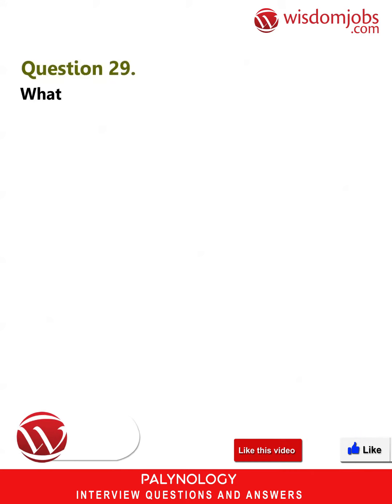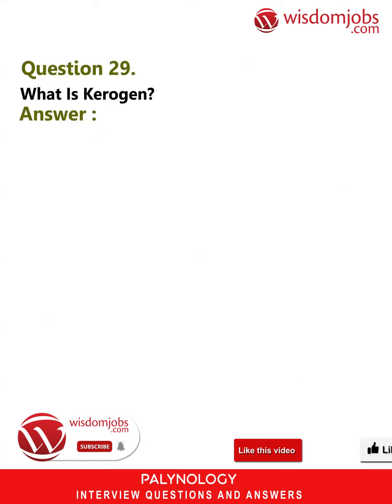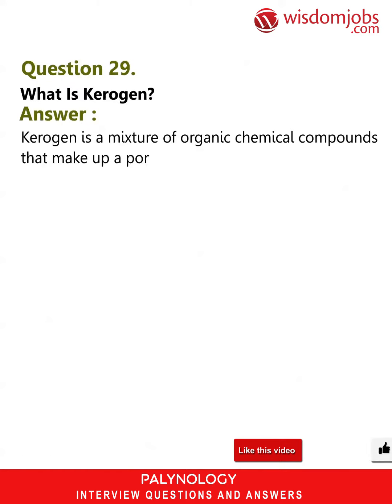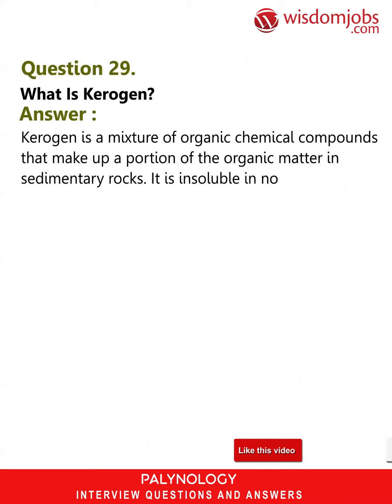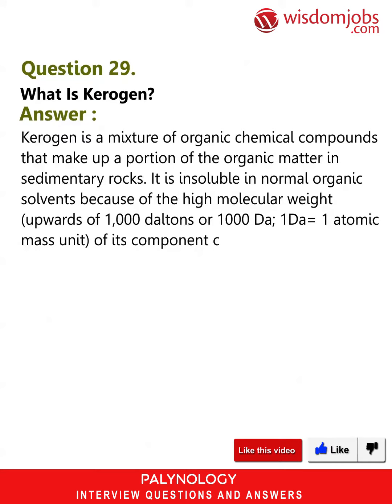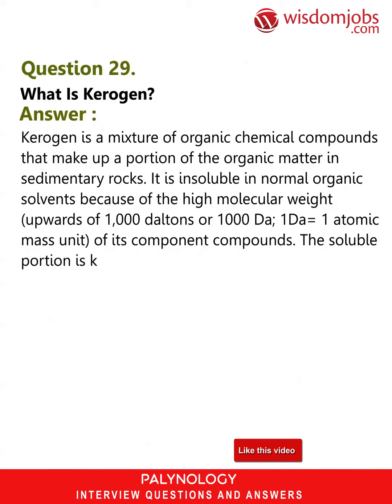Question 29. What is kerogen? Answer: Kerogen is a mixture of organic chemical compounds that make up a portion of the organic matter in sedimentary rocks. It is insoluble in normal organic solvents because of the high molecular weight, upwards of 1000 daltons. 1 Da equals 1 atomic mass unit of its component compounds. The soluble portion is known as bitumen.